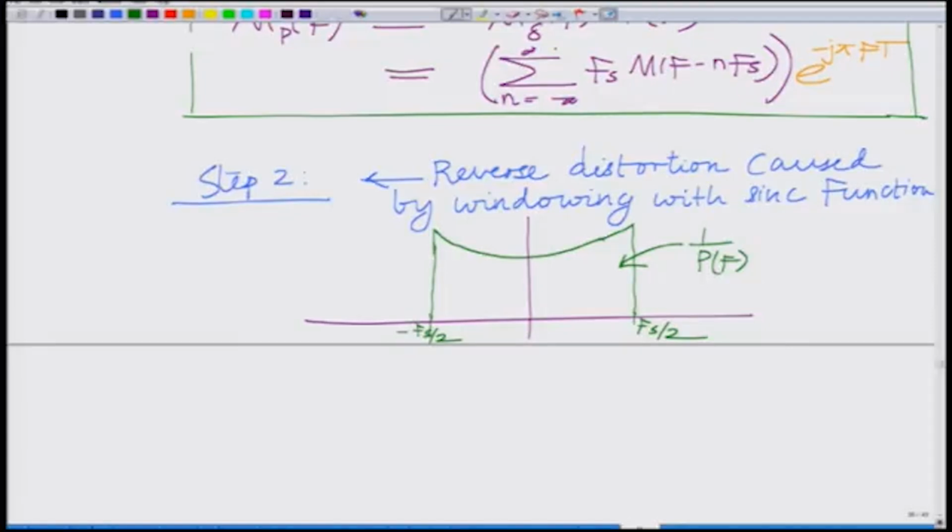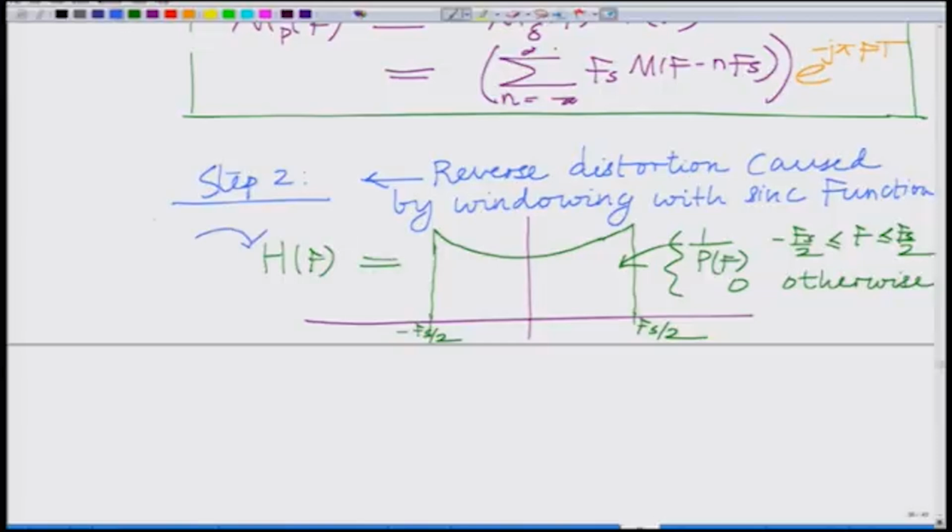So, this is your 1 over Pf in minus Fs by 2 less than or equal to F less than or equal to Fs by 2 and 0 otherwise, because we do not care about the reconstruction in the outside band, alright. We only want to reconstruct the center band or the component around the origin. So, this is your reconstruction filter. If you call this H of F, this is basically your reconstruction filter, or we can call it the equalizer.